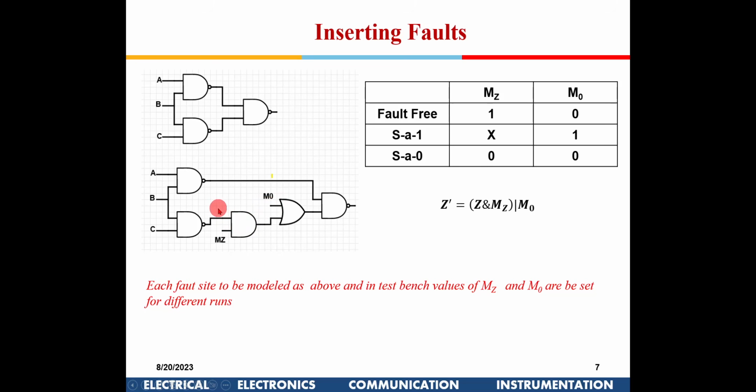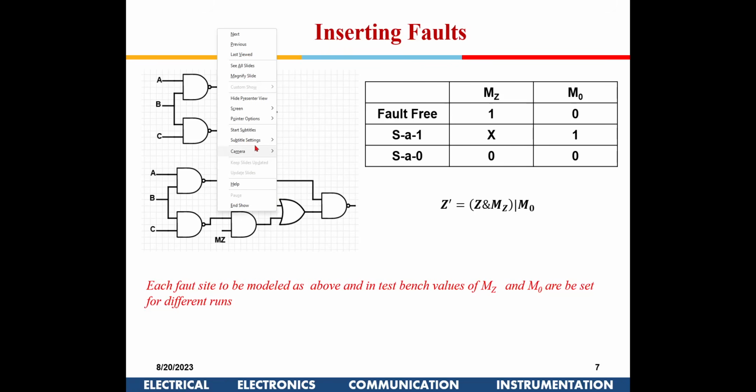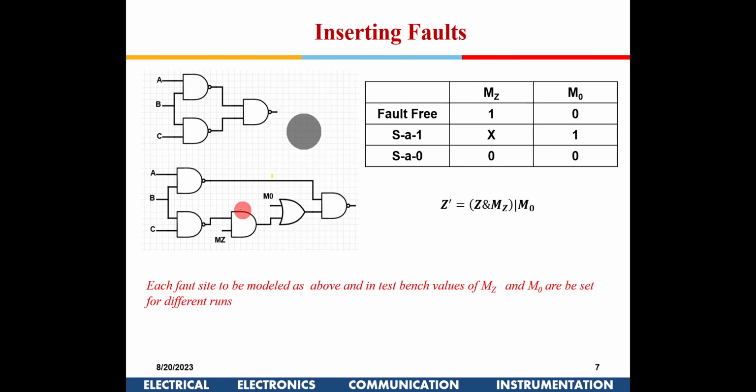So whatever data is available here, since I am giving 1 here and 0 here, the data D will come through here. So this will operate like a fault free system.